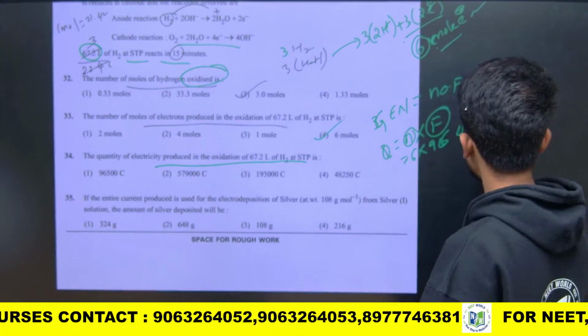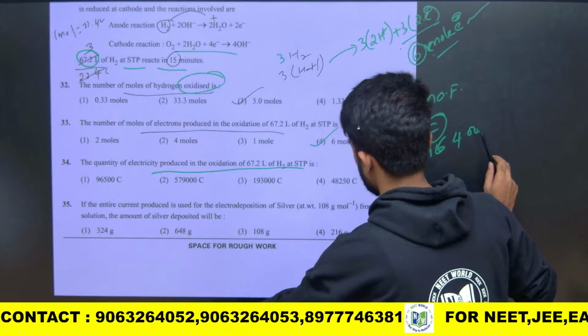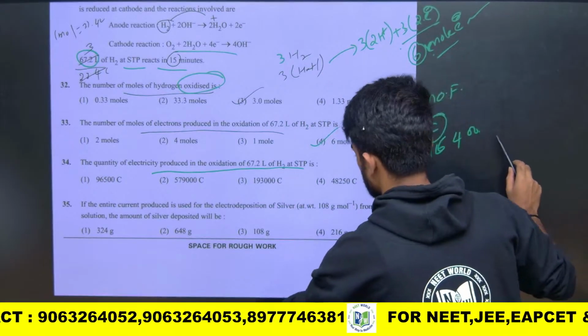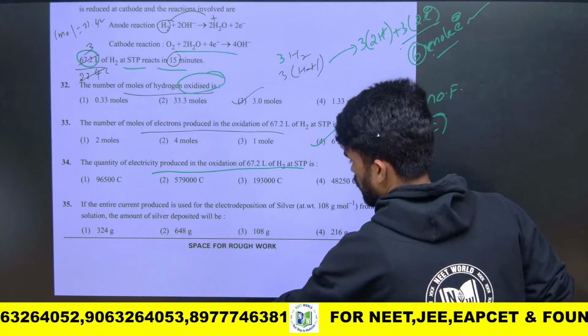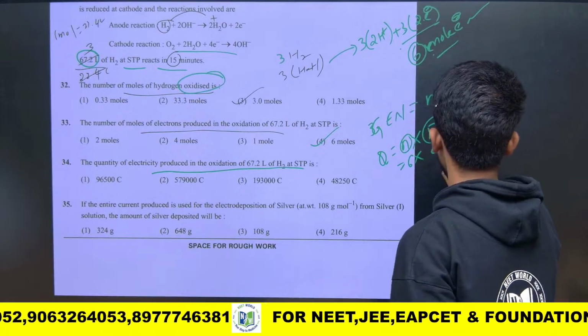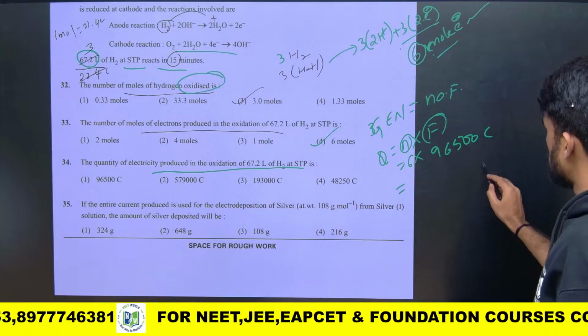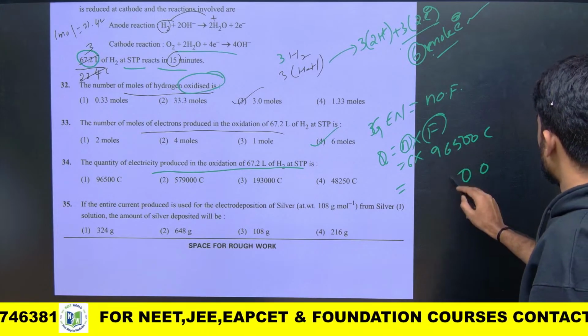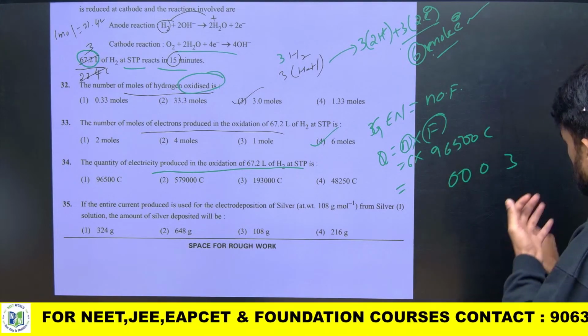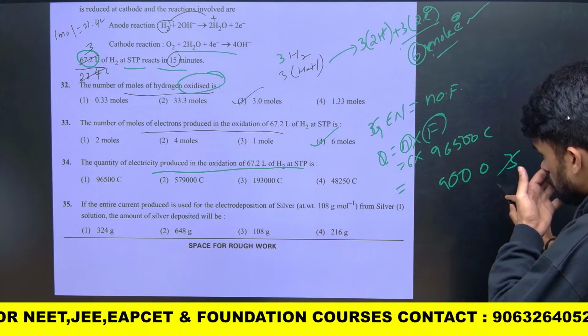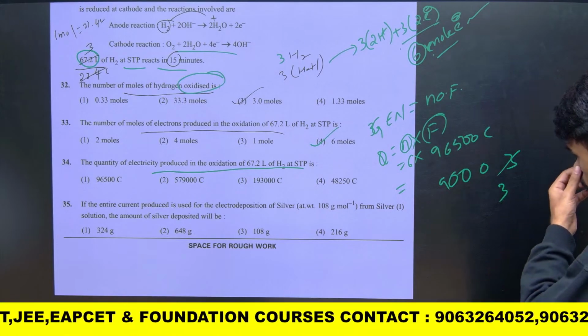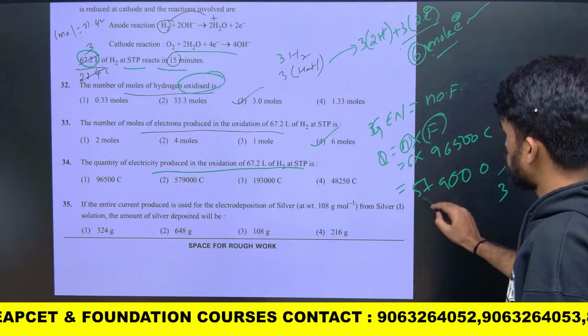Okay, so do we have any option in this manner? So we can write Faraday as 96,500 coulombs. So now from this we get 6 times 96,500, which is 579,000. So do we have any option?